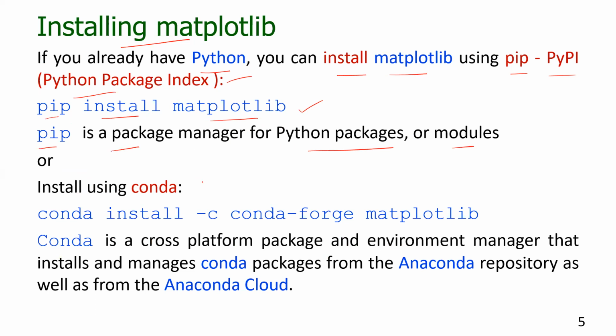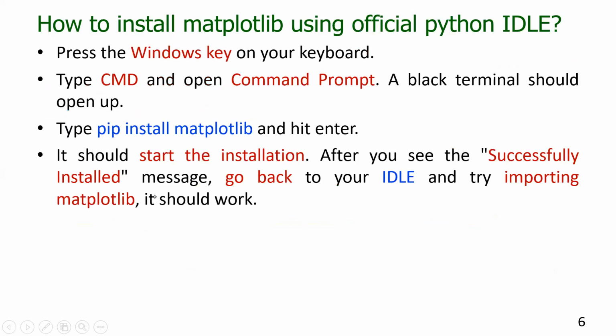Install using Conda: conda install -c conda-forge matplotlib. Here, Conda is a cross-platform package and environment manager that installs and manages Conda packages from the Anaconda repository as well as from the Anaconda cloud. These are the two ways of installing Matplotlib.